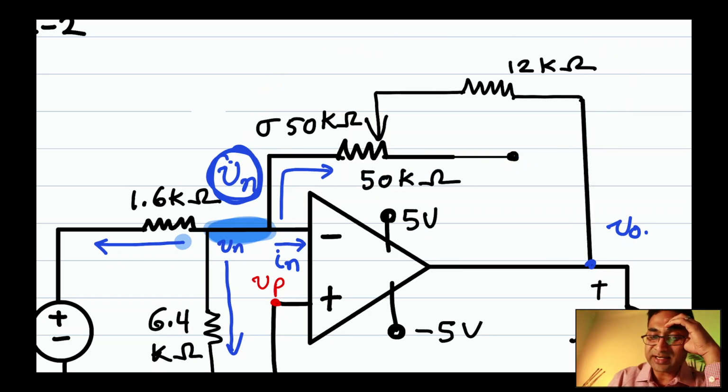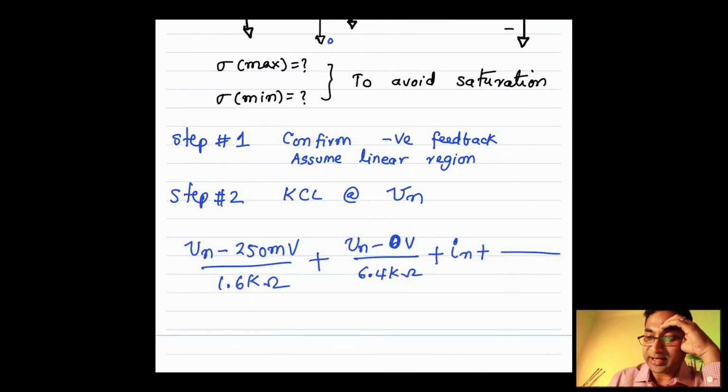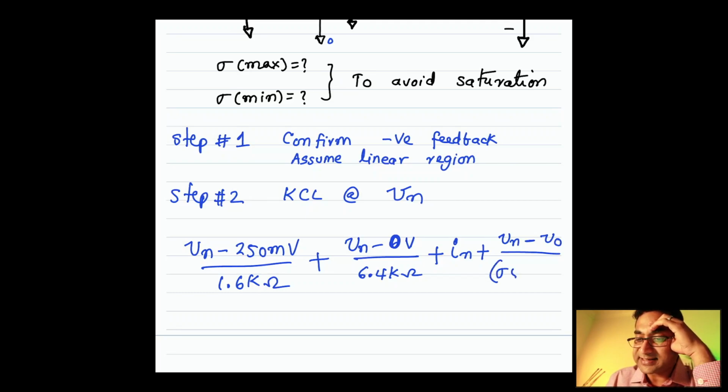So let's see. Vn, I'm going to write it here, Vn is on the left side of the branch, minus Vo divided by the total resistance, which is sigma 50 kilo ohms plus 12 kilo ohms.